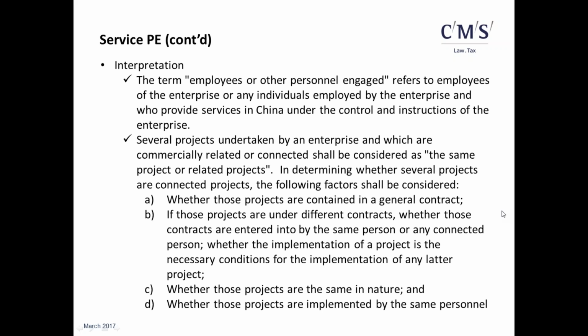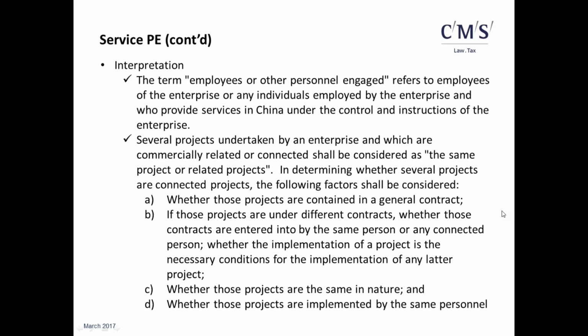Let's have a look at the interpretations issued by the PRC State Administration of Taxation regarding the service PE. In the definition, we mentioned employees or other personnel engaged. Here, employees or other personnel engaged refers to the employees of the enterprise or any individuals employed by the enterprise who provide services in China under the control or instructions of the enterprise.